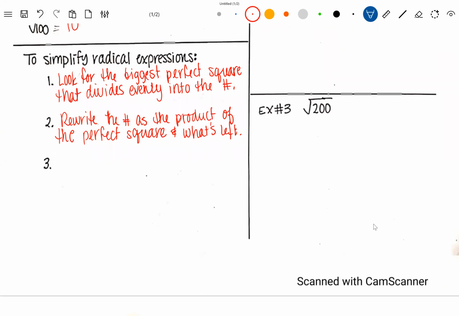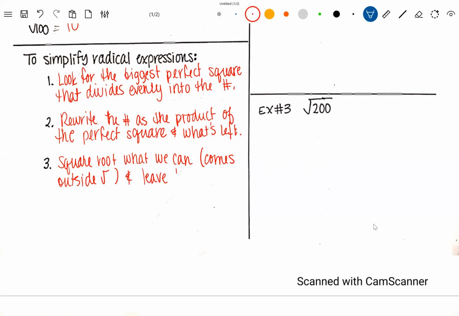Then the last thing is we're going to square root what we can, and that comes outside the radical. So we're going to square root what we can, and then we're going to leave the rest under the radical.